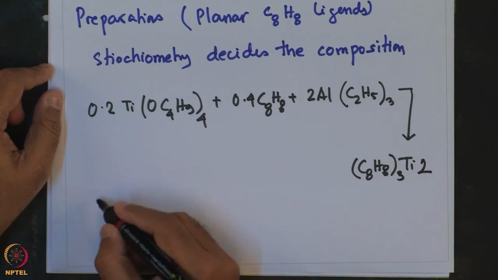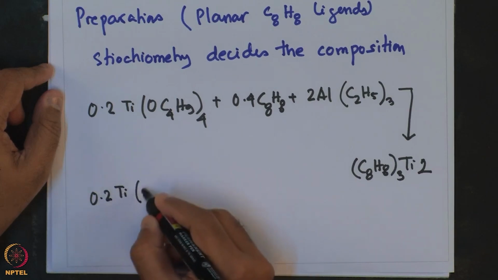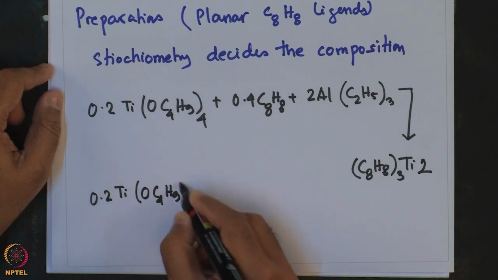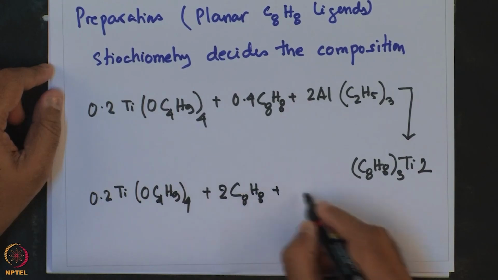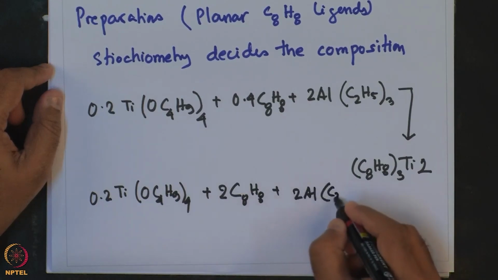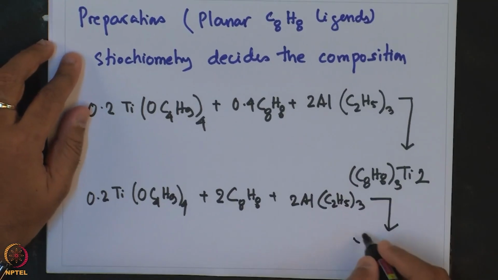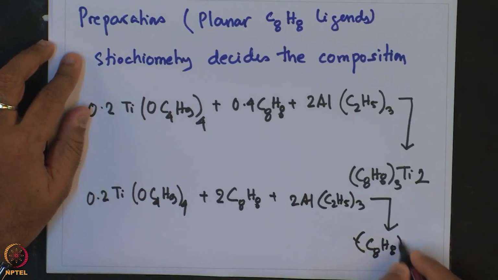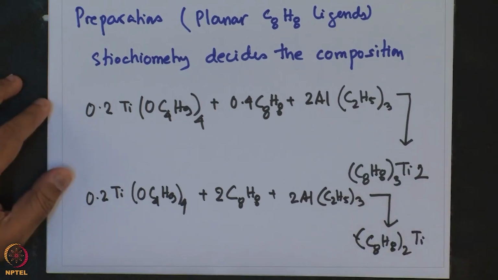Now, the other stoichiometric reaction is 0.2 Ti(OC4H9)4 plus 2 C8H8 plus 2 Al(C2H5)3 would give (C8H8)2Ti. So, what is observed over here is the fact that the reaction stoichiometry decides on the composition of the product. Some more examples are shown over here.